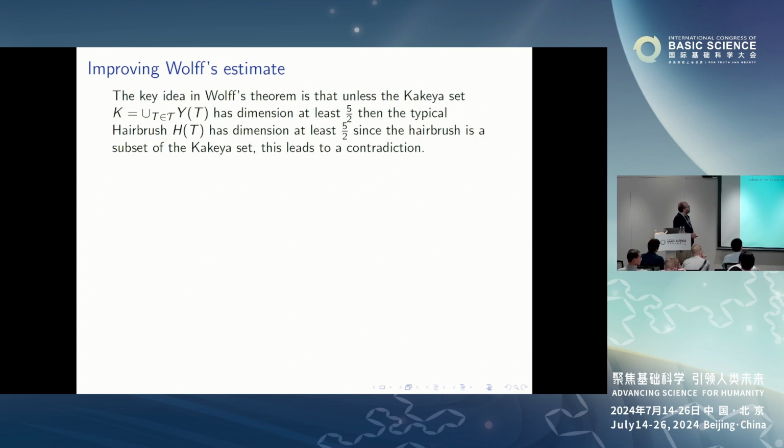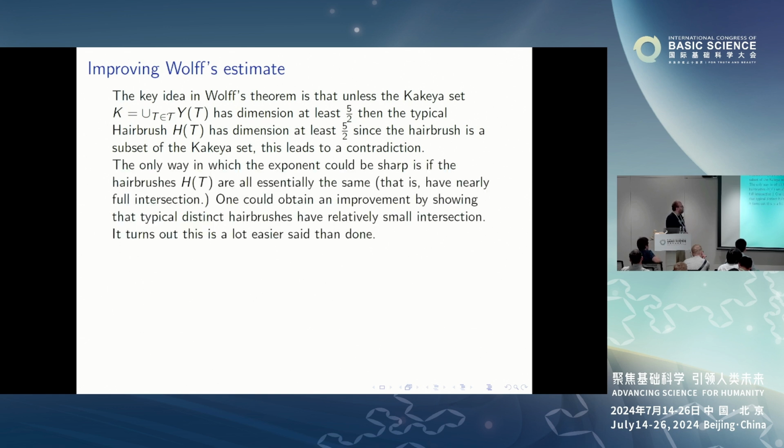So the key idea in Wolff's theorem is that unless the Kakeya set has dimension at least 5/2, then the typical hairbrush has dimension at least 5/2. And since the hairbrush is a subset of the Kakeya set, that's a contradiction. But now, if you want to imagine that Wolff's result is sharp, if you want to imagine that there's really a Kakeya set of dimension 5/2, it has to actually be a hairbrush.